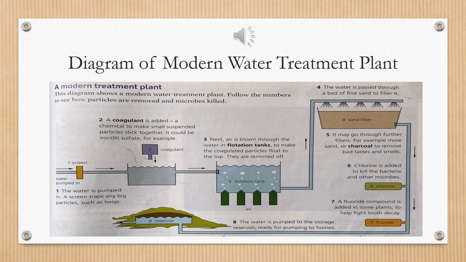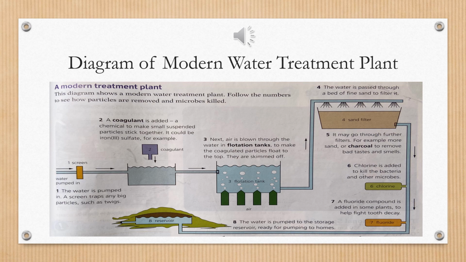It may go through further filters, for example, more sand or charcoal, to remove bad taste and smell of the water. And in the sixth stage, the microbes are killed by adding chlorine. So, chlorine is added to kill the bacteria and other microbes.